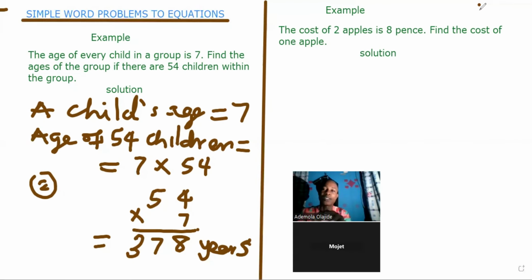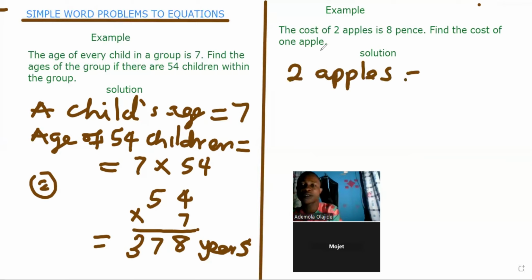This one means you are dividing here. You are not multiplying. Because if you multiply, if you say 2 times 8, it will give you 16 pence, and you cannot get 2 apples for 8 pence and now get 1 apple for 16 pence. No. So in this case, you will say 2 apples equals 8 pence.